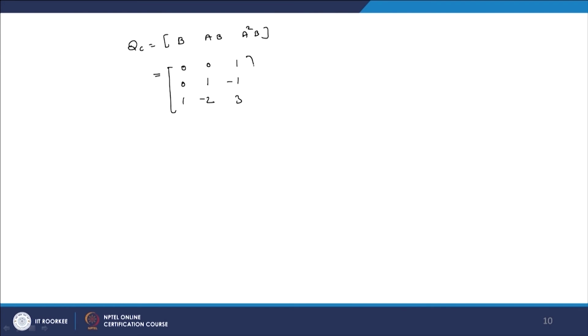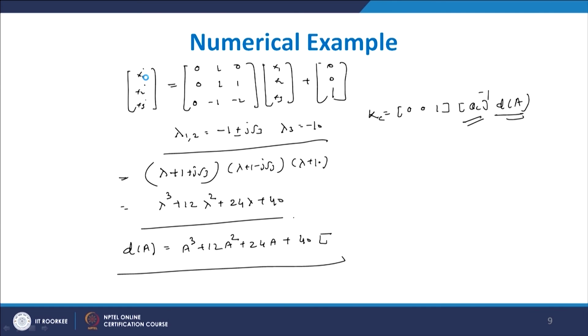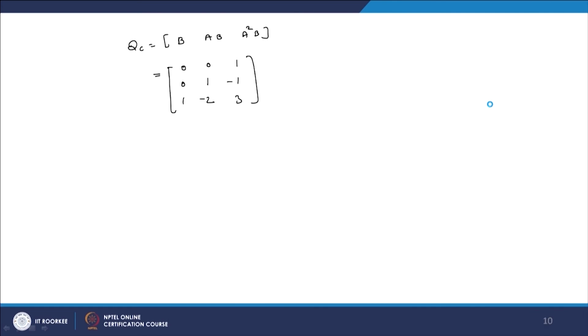This is Q c. Now in the actual formula we require Q c inverse. The inverse of this is Q c inverse as minus 1 2 1, 1 1 0, 1 0 0. Now Q c inverse we have got.